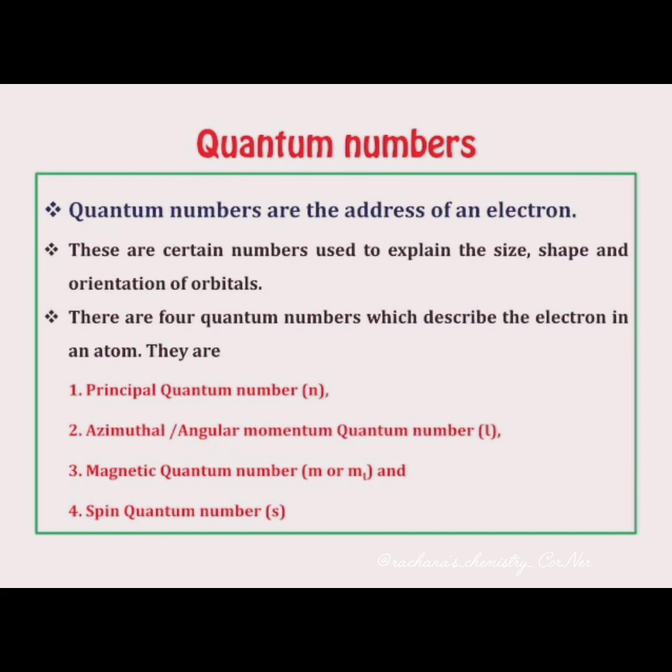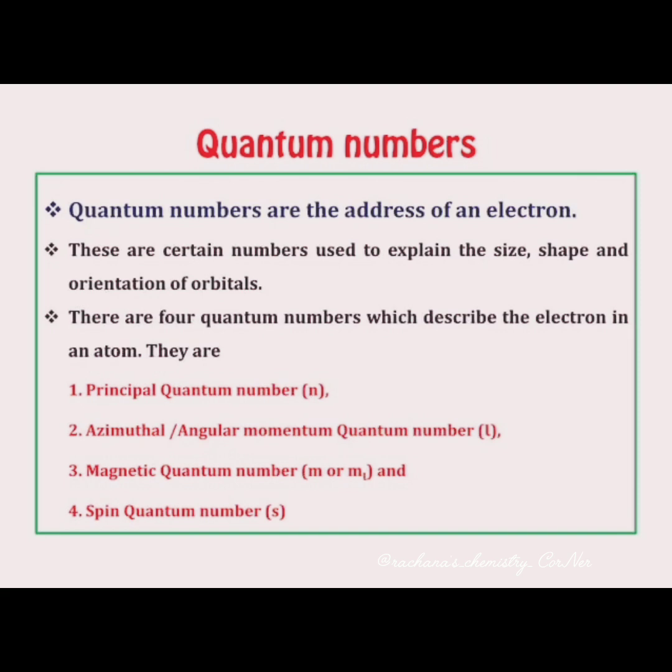There are four quantum numbers which describe the electron in an atom, and they are: first, the principal quantum number, represented by the symbol n. Second, the azimuthal quantum number, also called the angular momentum quantum number, represented by the symbol L. The third one is the magnetic quantum number, represented by the symbol m or mL.